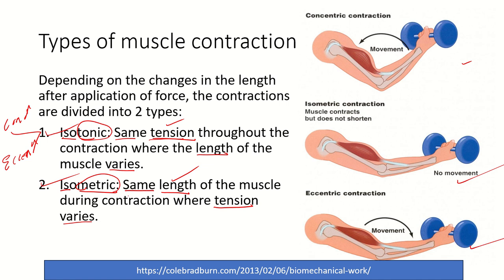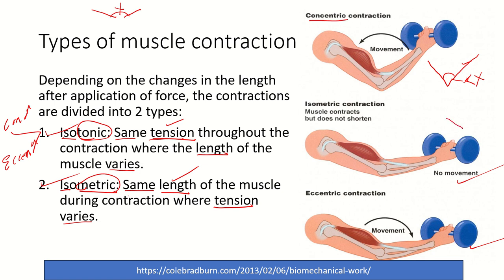How do you draw and understand it? Now, consider this is your joint, a normal joint. This is the angle, say about X angle. When this X angle becomes smaller than X, that means it is concentric.